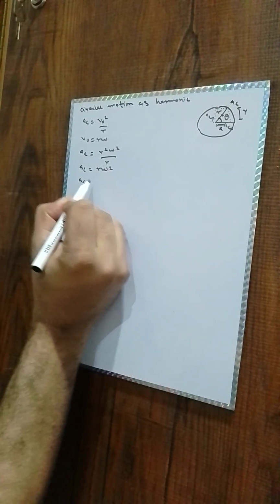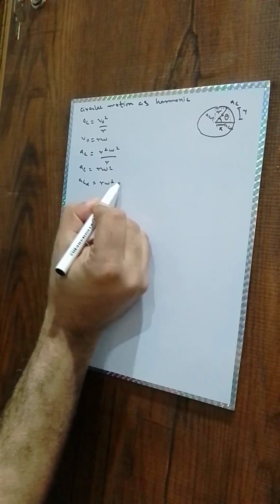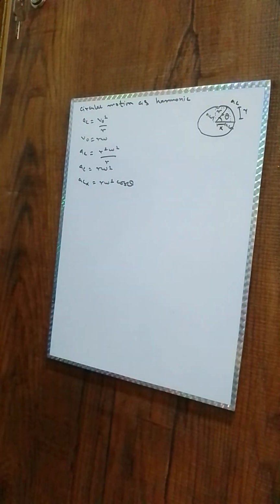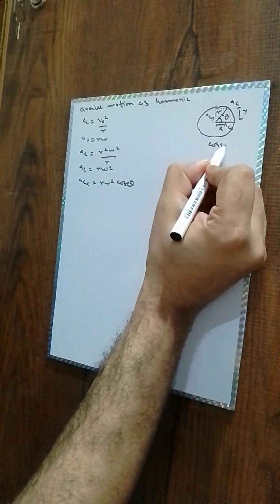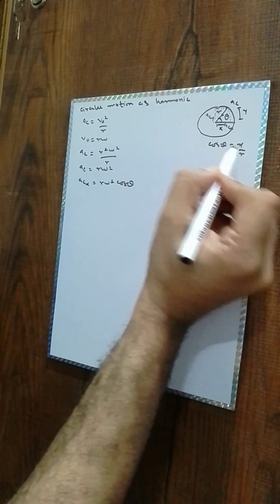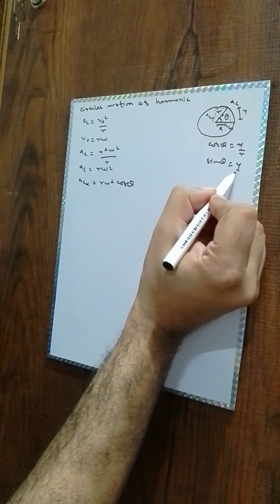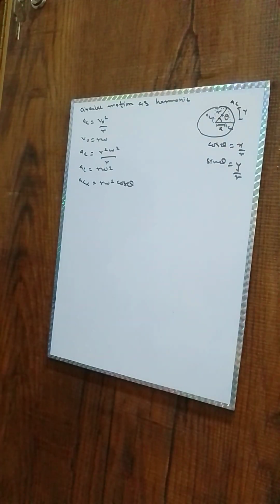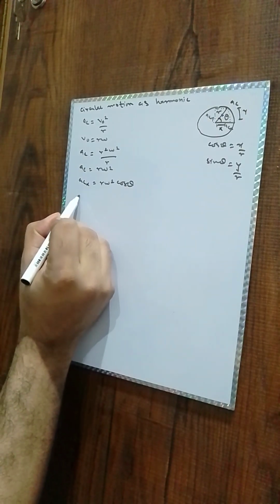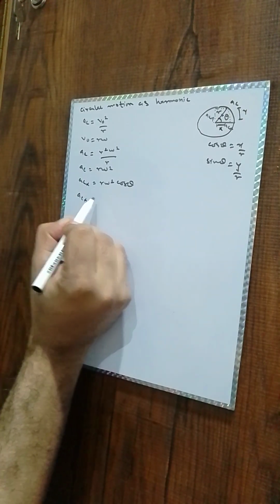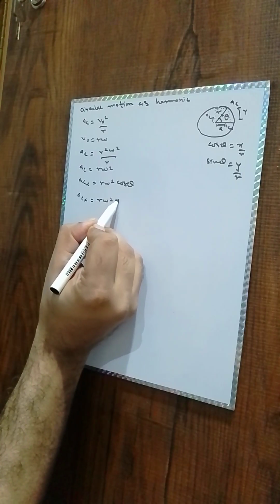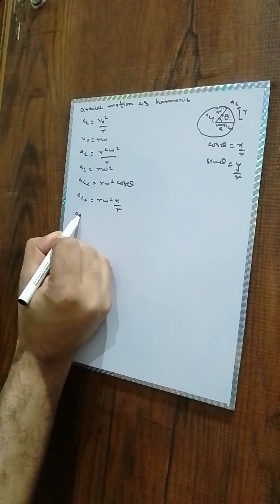And now we remove the xy plane, so ACX would be r omega square cos theta, and cos theta here would be x by r, base by hypotenuse, and sine theta would be y by r. So if we substitute the cos theta, ACX will become r omega square x by r.